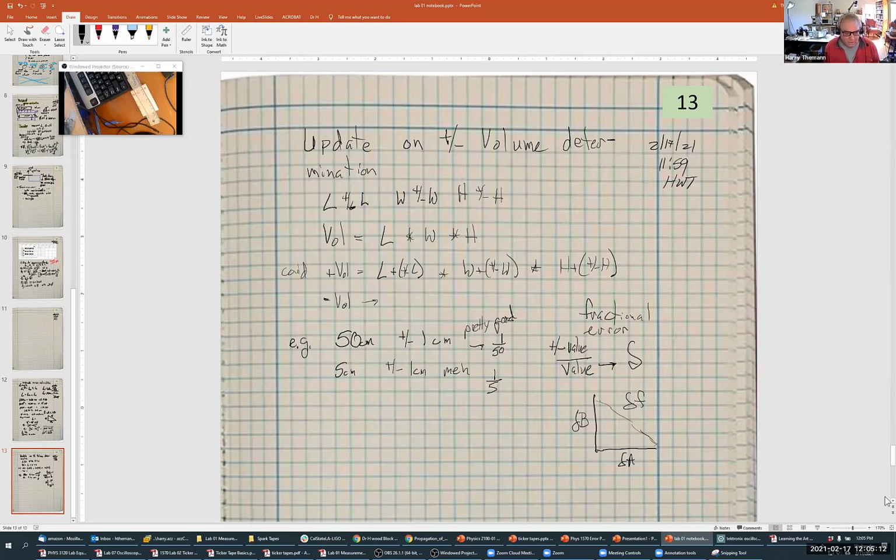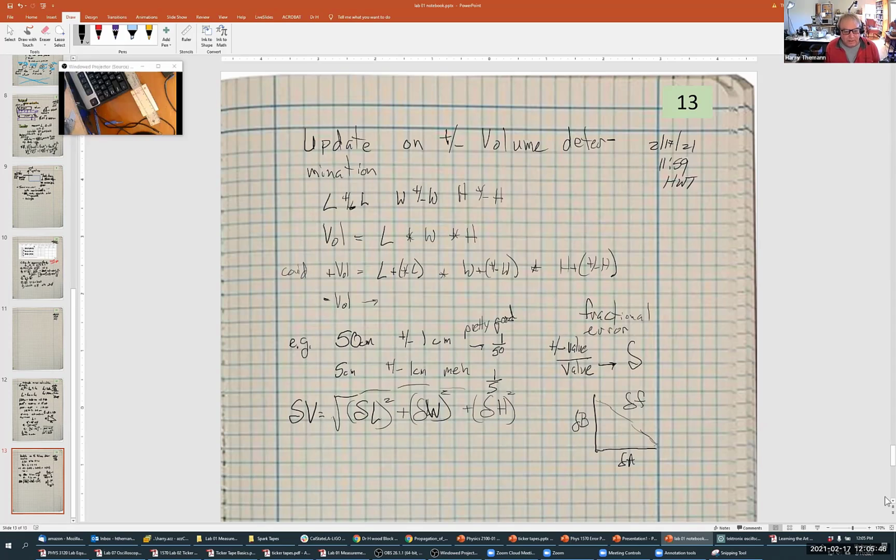So what we do now to get the fractional error of V is: it equals the square root of the fractional error of L squared, plus the fractional error of W squared, plus the fractional error of H squared.